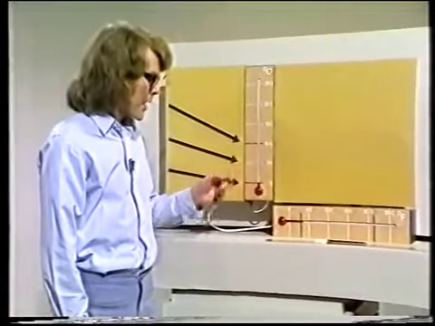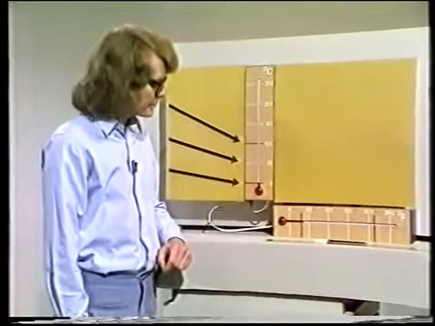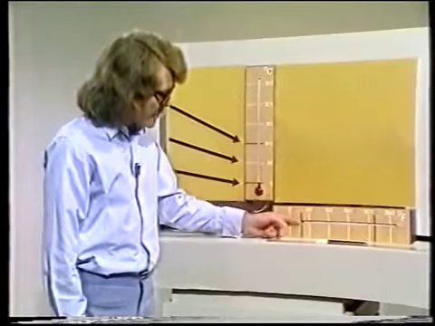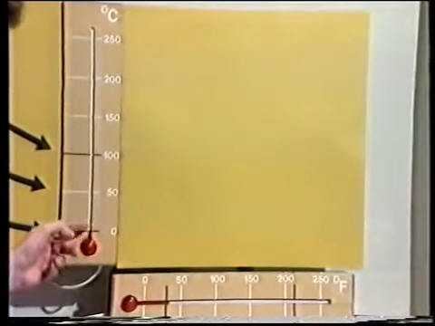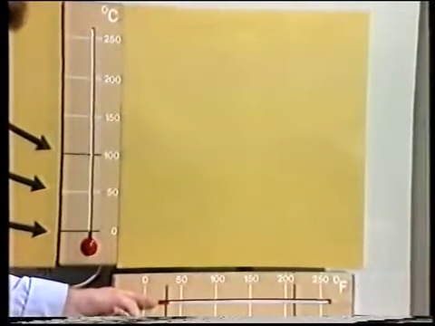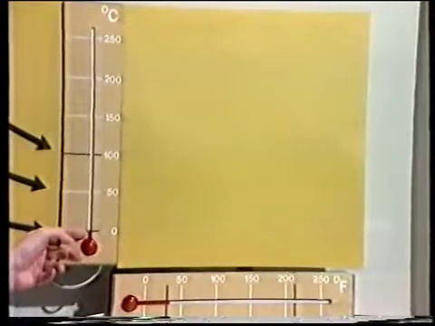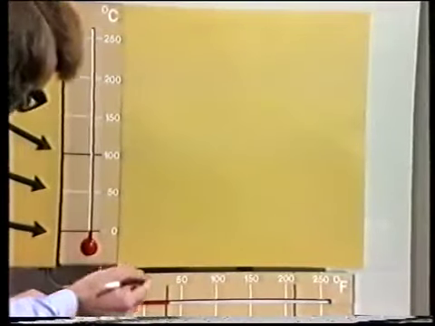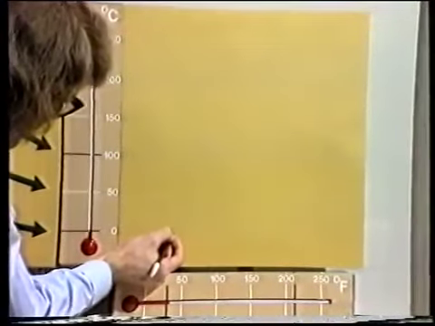I can use my input and my output as coordinates of a point. Here, 32 degrees goes to 0 degrees centigrade. So I can use the 32 as the x coordinate and the 0 as a y coordinate of a point. I'll just get this point.